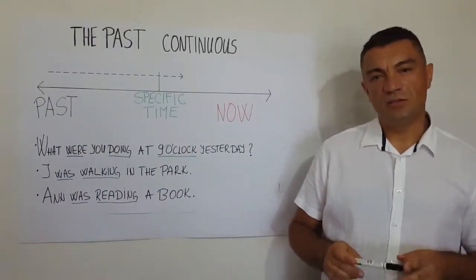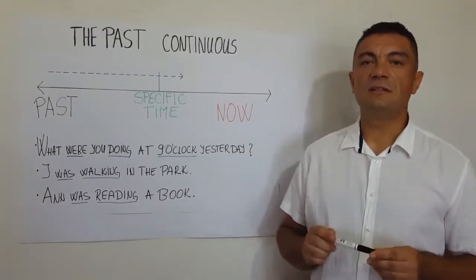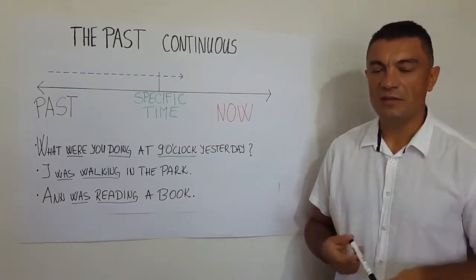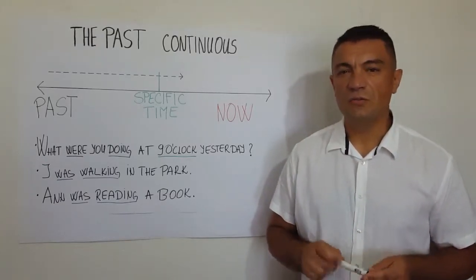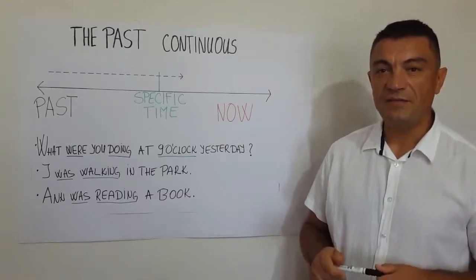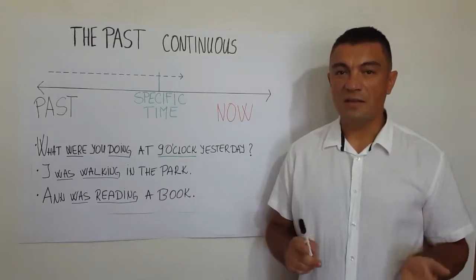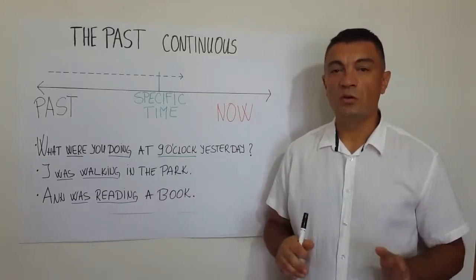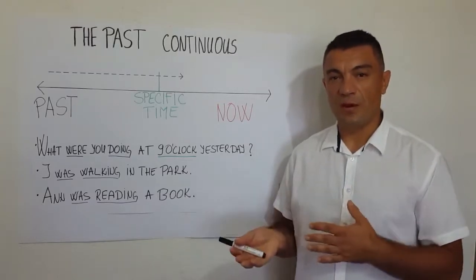Okay, let's deal with the situation or cases where we use the past continuous tense. The first case has been illustrated with this timeline, and it says that the past continuous is used for an action that was in progress in the past at a specific time. The action started in the past at some time, we don't know when or it's not important, and also finished in the past.